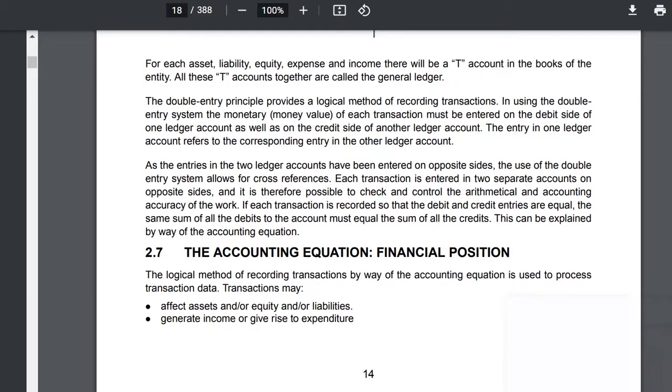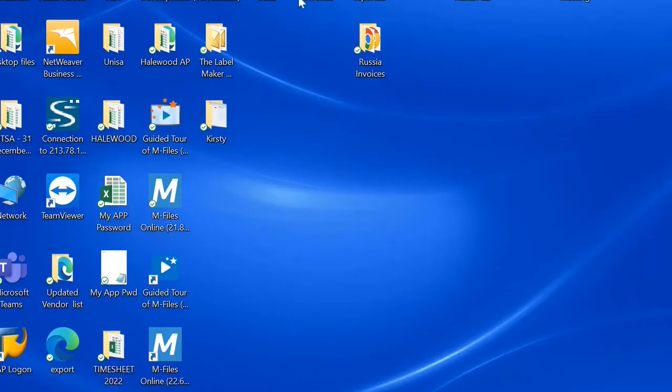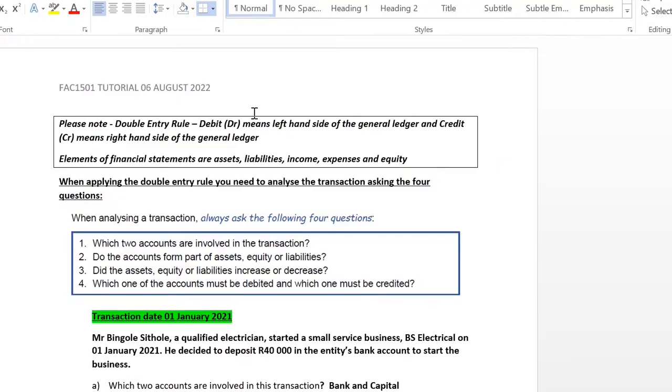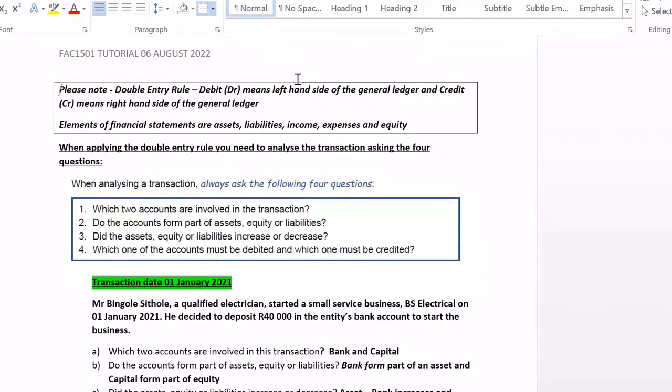the double entry rule. I need you to understand this double entry rule. Guys, I want us to go through it. This is how I want you to apply it. So please note that in the double entry rule, debit means the left-hand side of the general ledger and credit means the right-hand side of the general ledger.